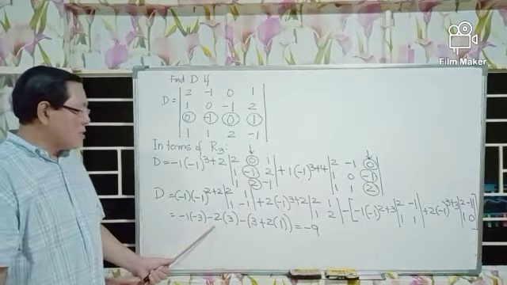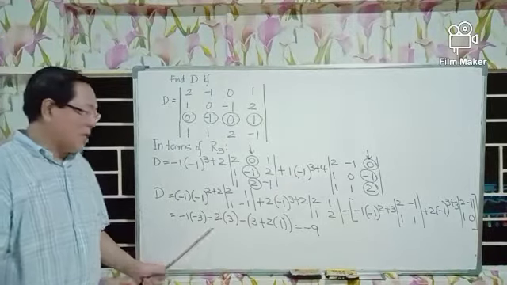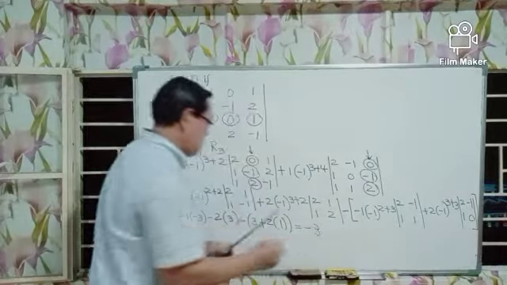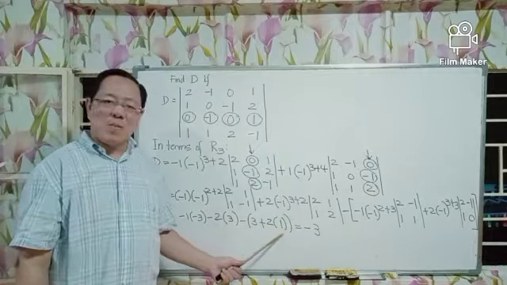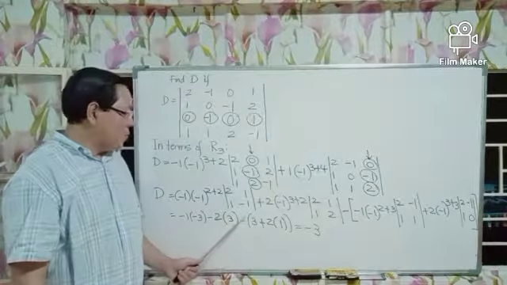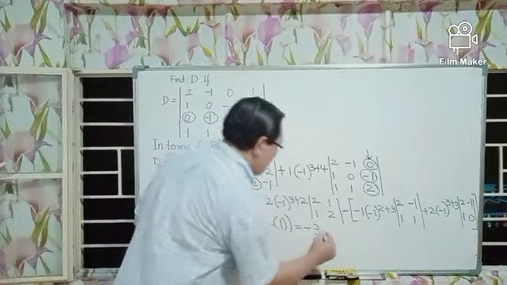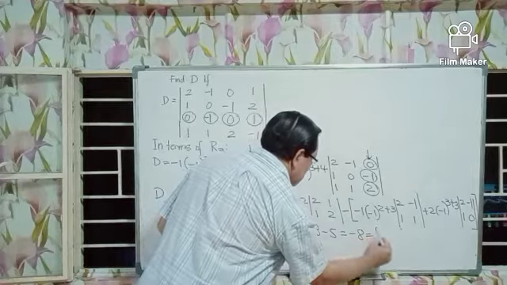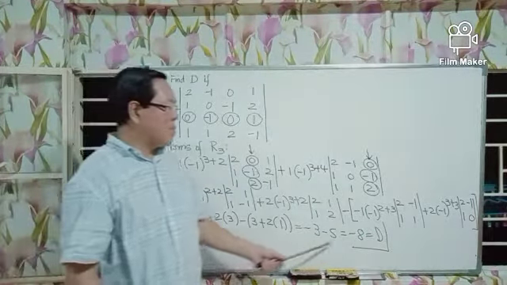Positive 3 minus 6 is negative 3. And this is 2 multiplied by 1 is positive 2 plus 3 is 5 multiplied by negative 1 outside is minus 5. And minus 3 minus 5 is minus 8.